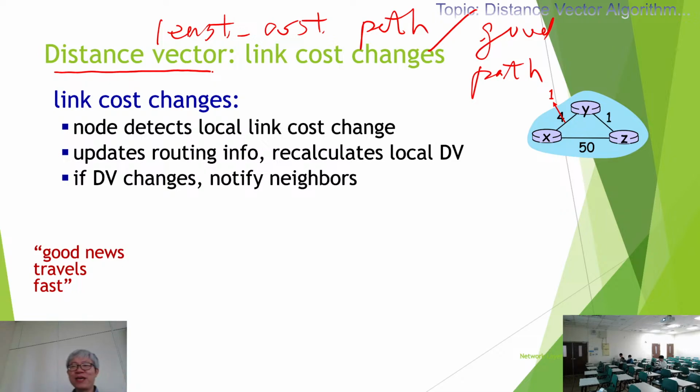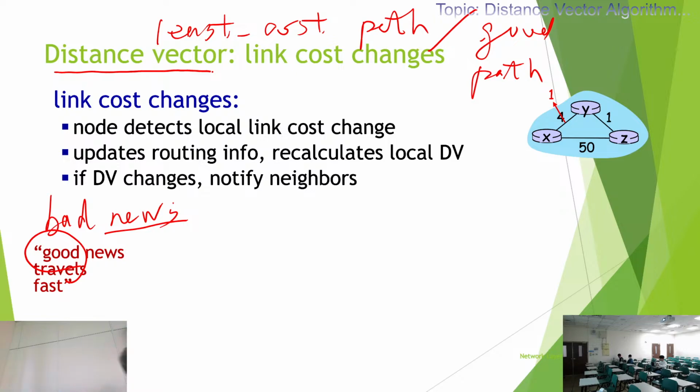Rather than, right now, maybe not good news, it's bad news. Later we will check a different situation. Right now, the link changes to a really large cost. So can the network reflect the change for the large cost link? The answer is no. It changes slowly for the large link state update.